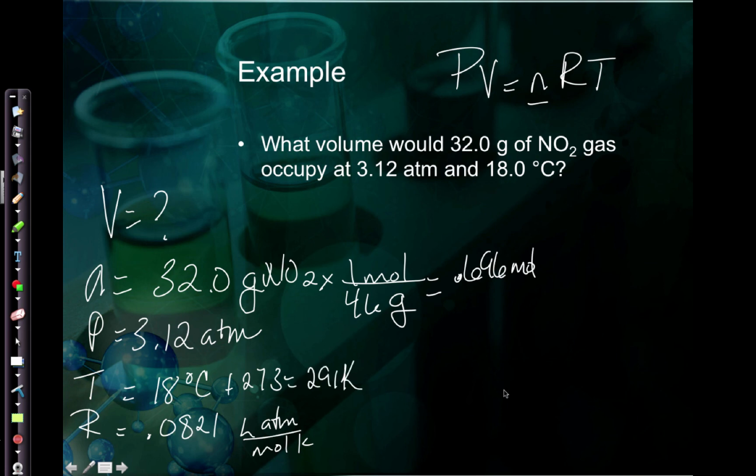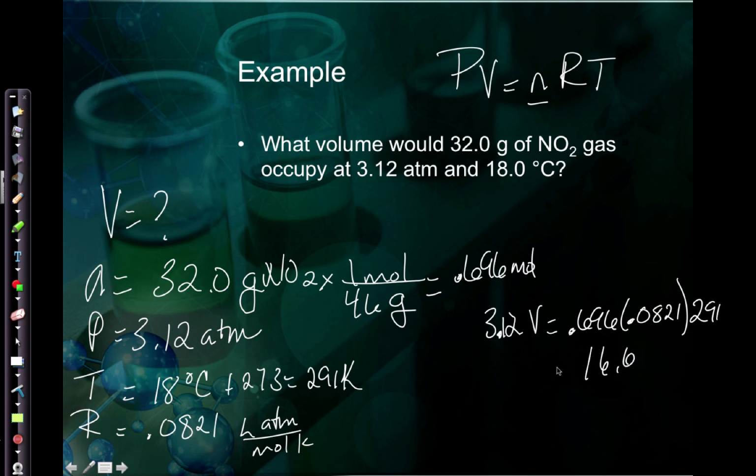Then you can simply plug it into the formula. P is 3.12. V is unknown. n is 0.696. R is 0.0821. And my temperature is 291. If I multiply it all out, I get 16.6 here.